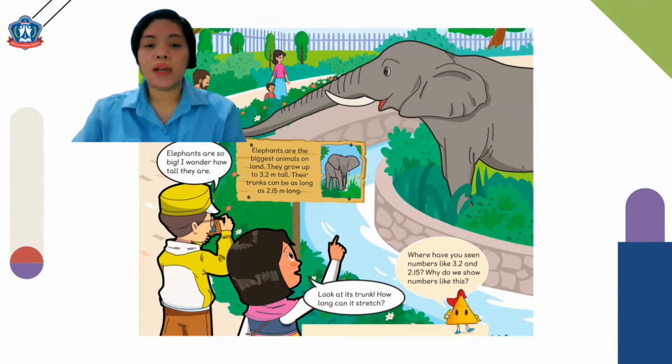How long can it stretch? What have you noticed on the numbers used to tell the height and the length of the trunk of the elephant? Where have you seen numbers like 3.2 and 2.15? These numbers, children, are what we call decimals. Just stay tuned and I am going to discuss what decimals are.